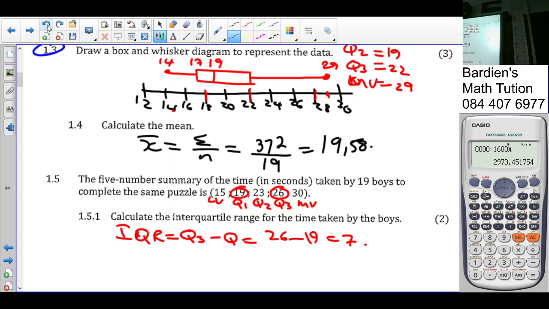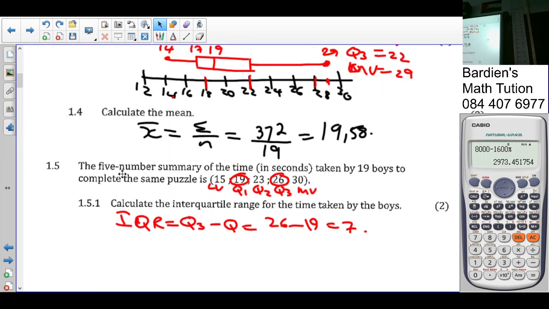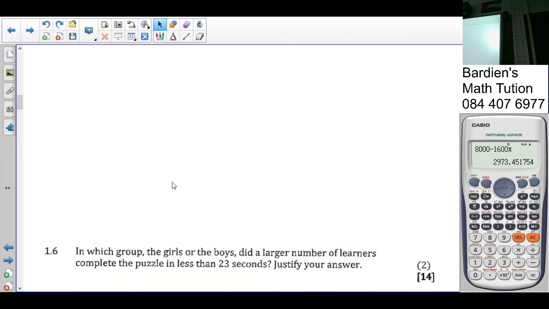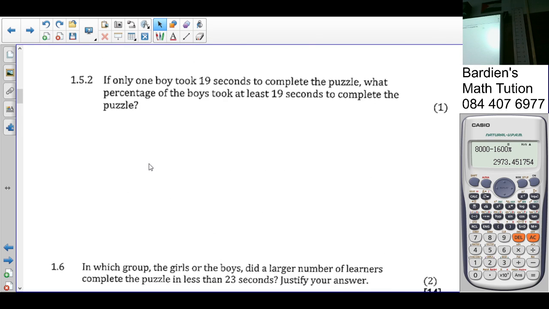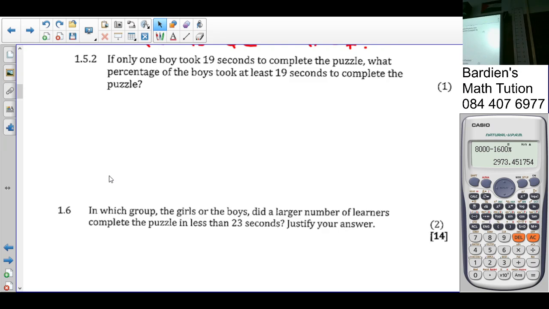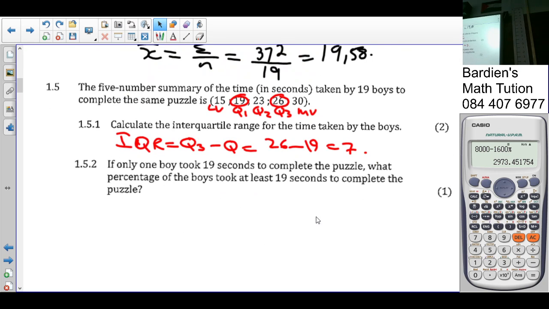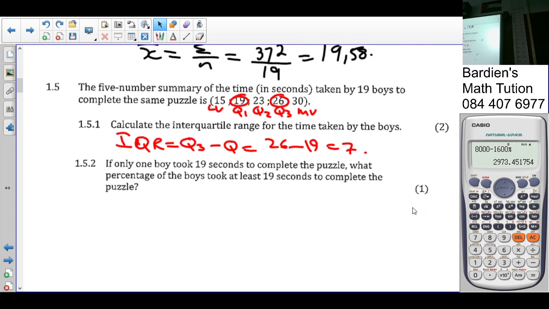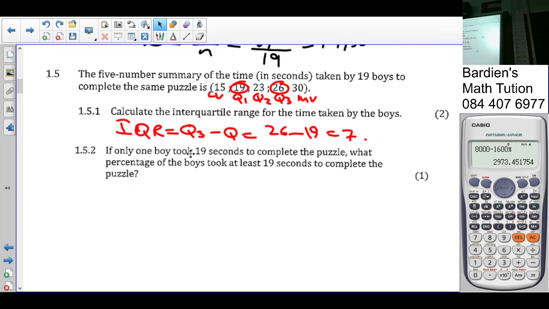Right. Here's another question, for 1.5. Let's do another one for 1.6. Okay, in question 1.5 we are told if only one boy takes 19 seconds to complete the puzzle, what percentage of the boys took less than 19 seconds to complete the puzzle?